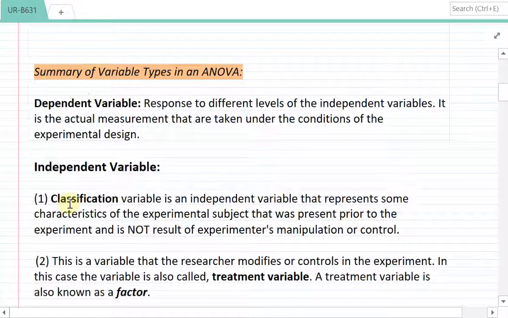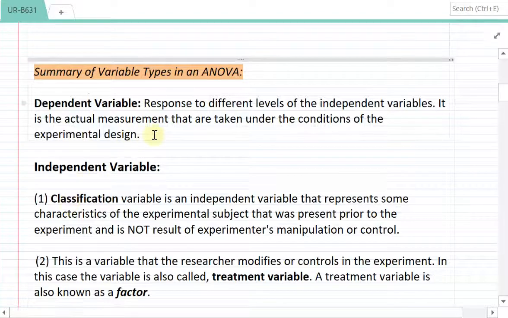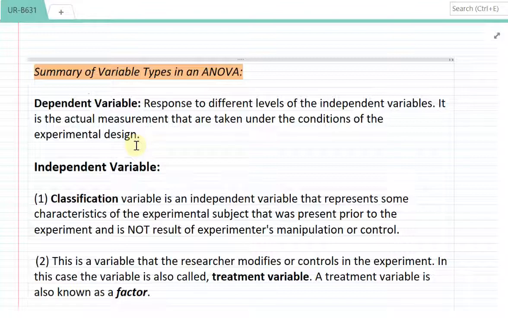We have our dependent variable. Of course, this is the response variable, or the outcome variable as they call it also, and it's the response to different levels of independent variables. It's the actual measurement that's collected under the conditions of the design. So for example, if I'm measuring the pressure of tires, then that's what the dependent variable is.